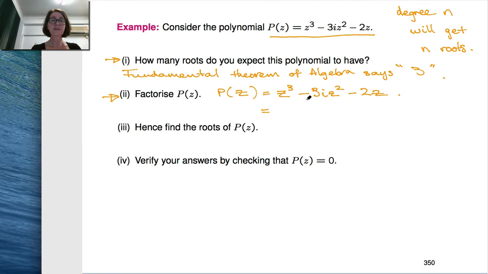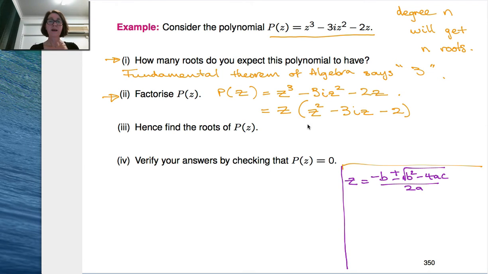And you can see that there's a z in every term, so I can write this as z times z squared minus 3iz minus 2. And now I need to factorise this bracket.